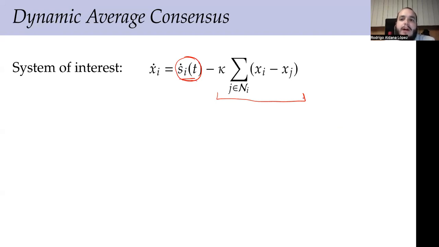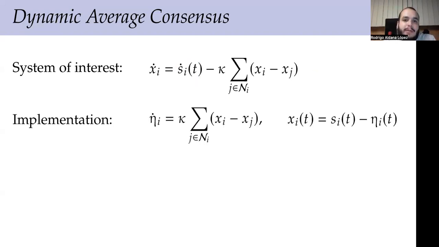And you may say, okay, how do I implement this? I require this derivative. You may say that you can introduce a differentiator, but a very simple trick allows you to implement an equivalent system, right? Which does not require you to inject these derivatives, okay? So this is what you implement in practice, right? It does not require differentiating any signal, but the system of interest is the one on the top, okay?